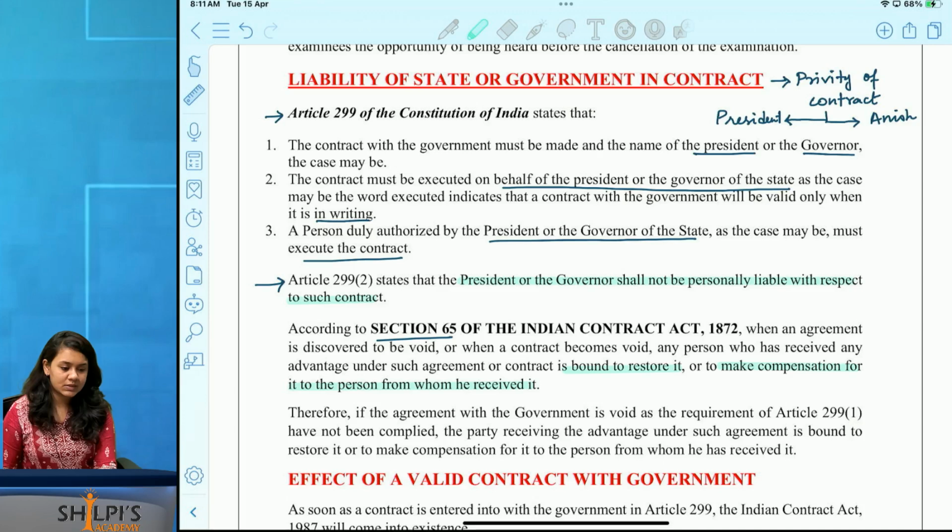So, in this case, if the government has benefited from this contract with Anish, then the government is required to restore it or make compensation. Therefore, an agreement with the government is void if Article 299 is not complied with. The party receiving the advantage under the agreement is bound to restore it or make compensation to the person from whom it was received.